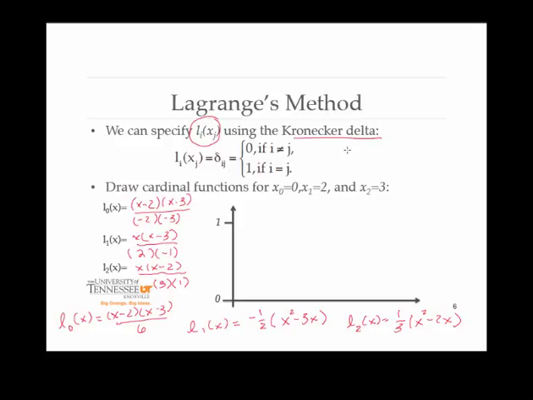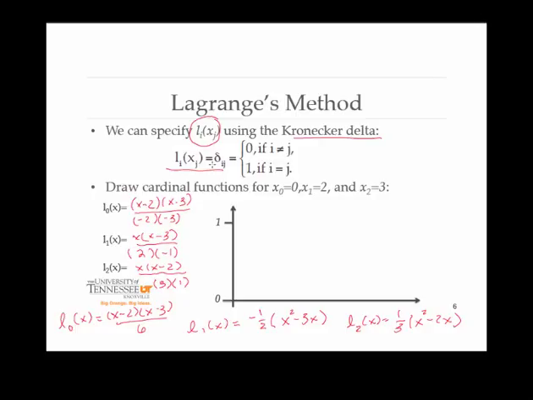If they do match, the Kronecker delta is equal to 1. And that's exactly what we're doing as we build a Lagrange interpolate. When we plug in an x-coordinate that matches the index of the cardinal function, we get a 1 back. Otherwise, it's always 0. So sometimes you'll see this mathematically written that the evaluation of the ith cardinal function is described by the Kronecker delta.